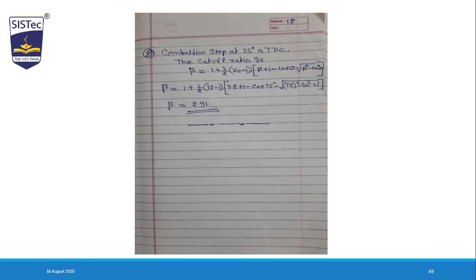The second part is to calculate, given the combustion stops at 35 degrees after the top dead center, the cutoff ratio.